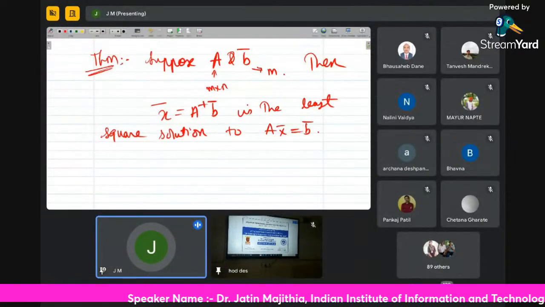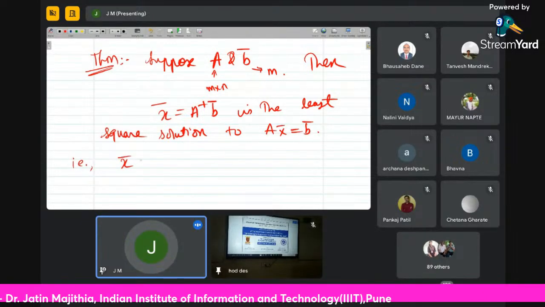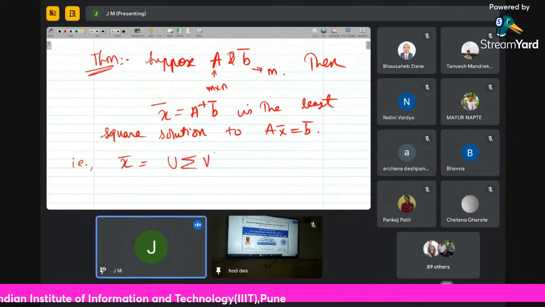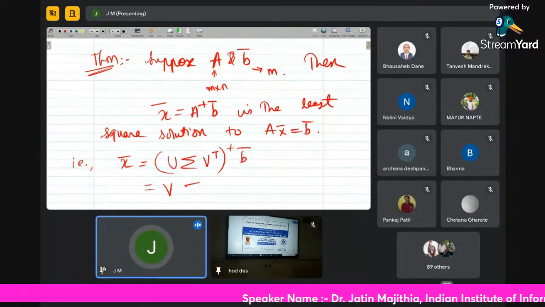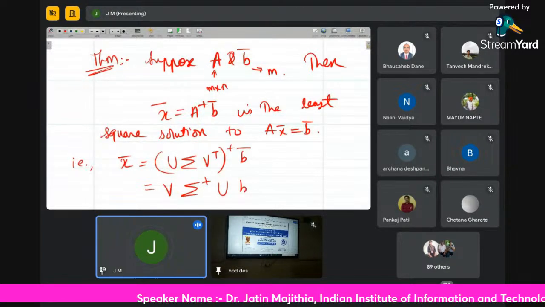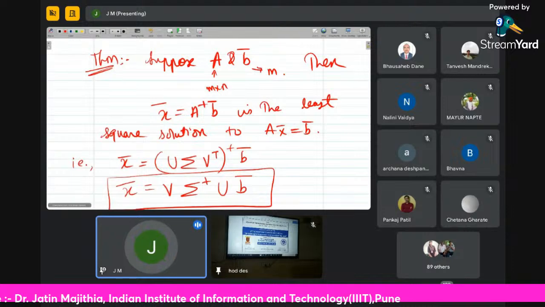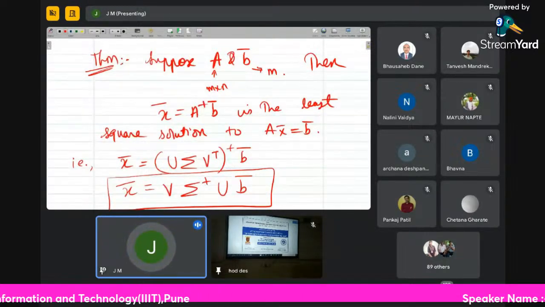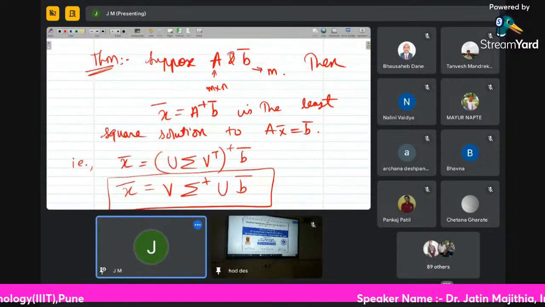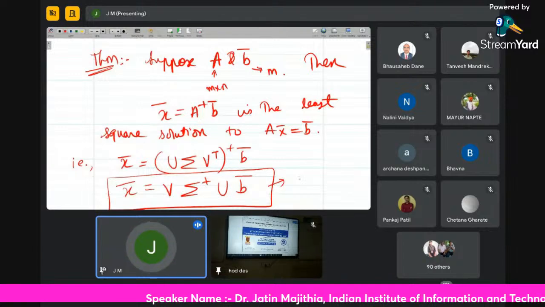To AX bar equal to B bar. That means your X bar is nothing but U sigma V transpose plus, which is nothing but V sigma plus U transpose B bar. So you simply find the singular value decomposition, and once you have this, you take the pseudo inverse of sigma, and what you get is the least square solution.